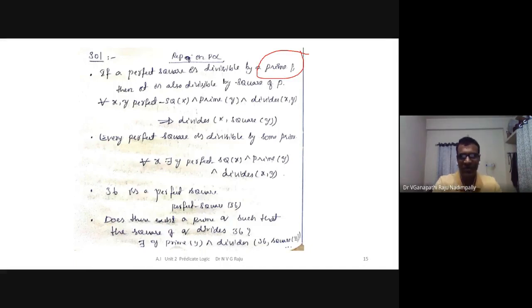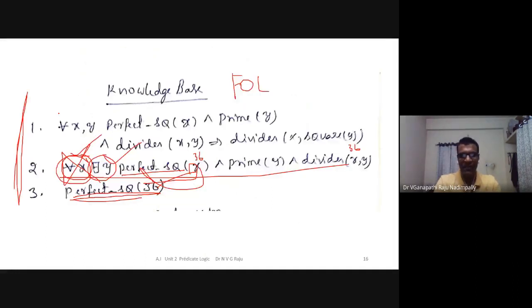What is prime P? Do you have any knowledge about prime P in this knowledge base? What prime P are we taking in this problem? No, sir. So, I am replacing it with P.